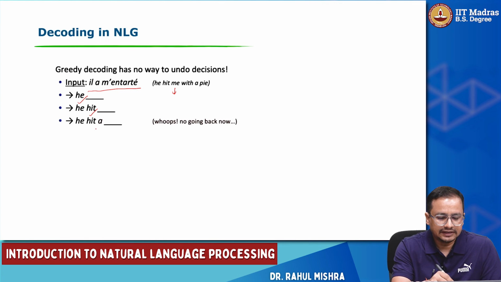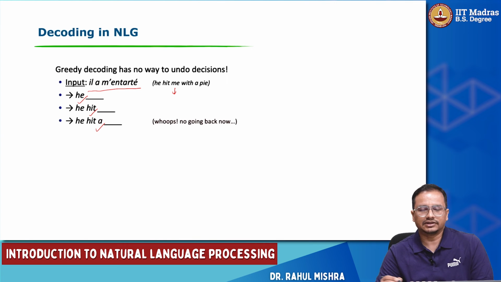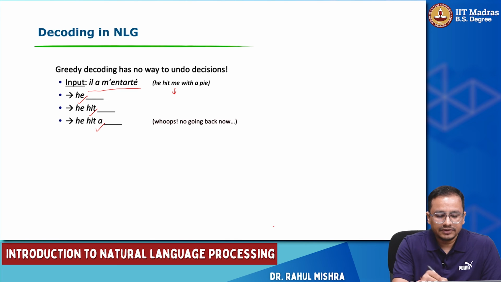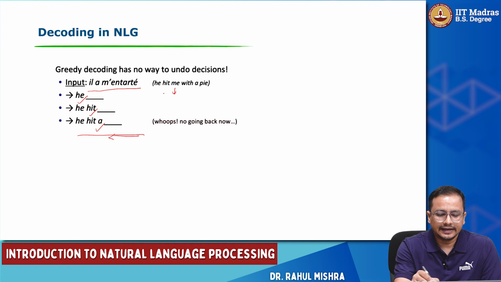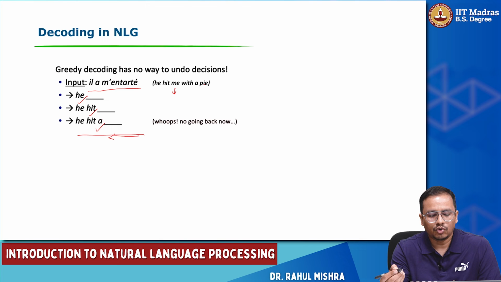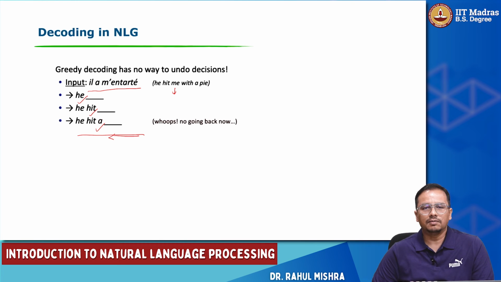Rather than generating me, it generated a, because a got the maximum probability. Then the problem is the model cannot backtrack or go back. So we'll be left with the wrong translation: he hit a, and then what to generate? So that's why greedy decoding is problematic.